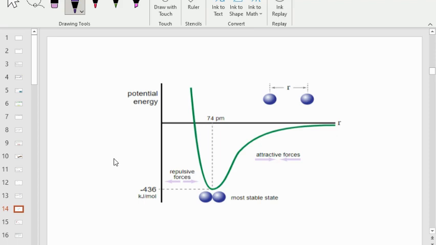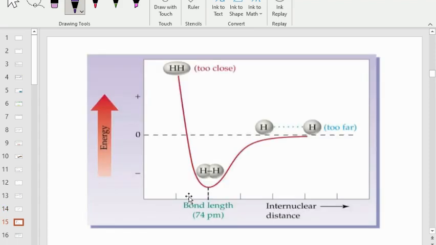So this is where that would fall. And this is picometers, so very tiny. Again, if we get them too close, it doesn't work.